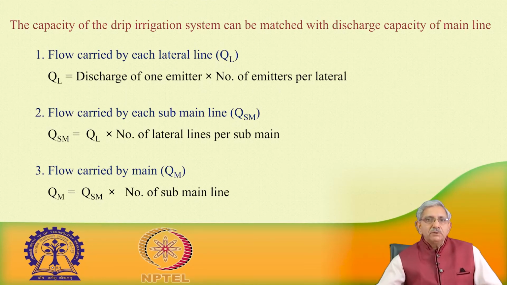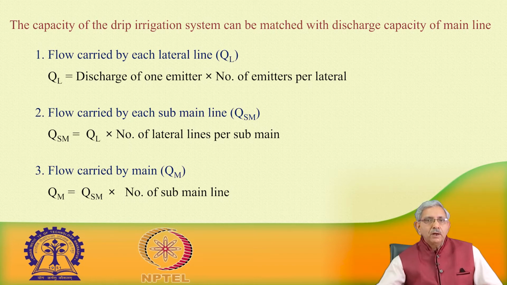Now, the capacity of the drip system can be estimated by using this. The flow carried by the lateral is the discharge of one emitter multiplied by the number of drippers or emitters in each lateral. The flow carried by the sub main pipeline is the number of laterals in each sub main pipeline multiplied by the discharge of one lateral.